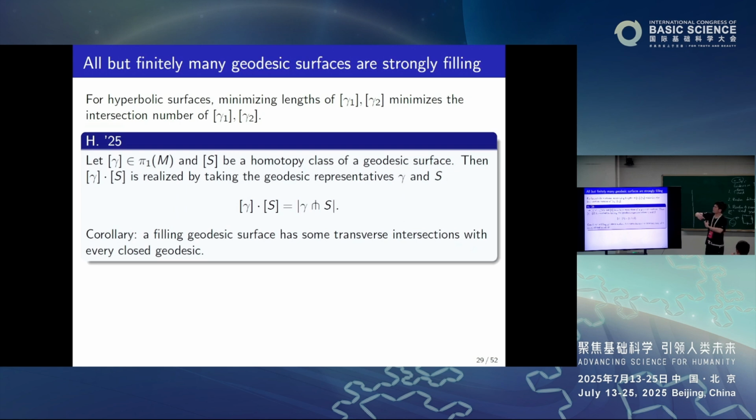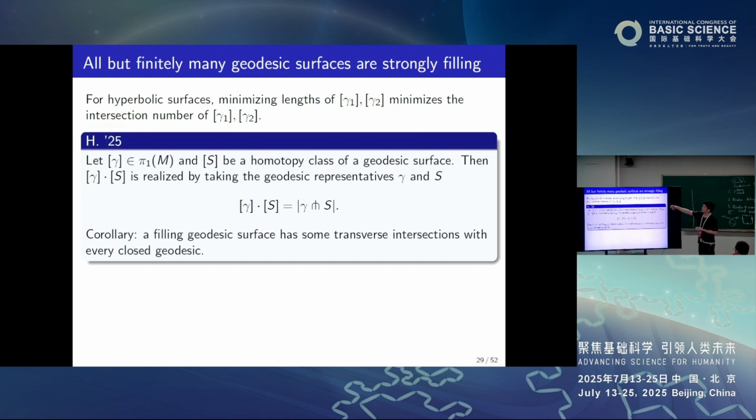With this hyperbolic metric, the curve is going to be homotopic to a unique closed geodesic, and it's length minimizing. So somehow length minimizing would force the intersection number to also be minimized. So this is something on hyperbolic surfaces. You use the metric to help you solve the topological problem.